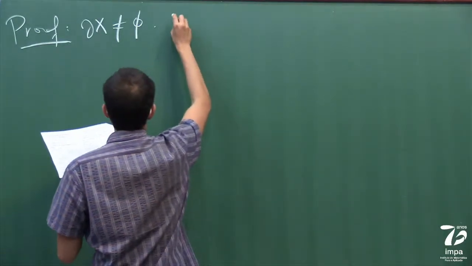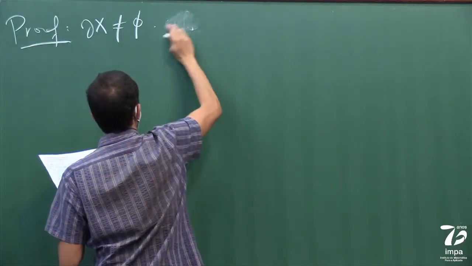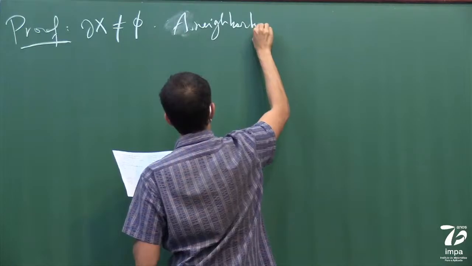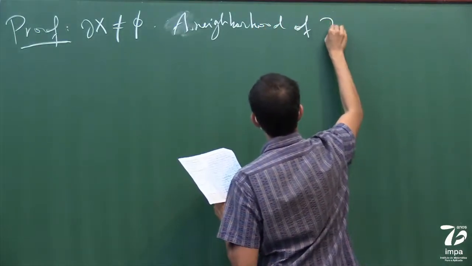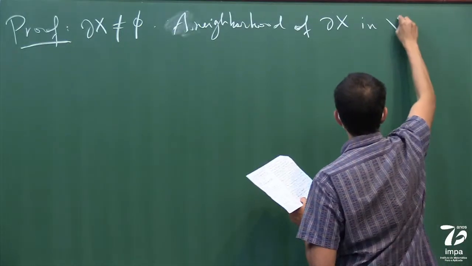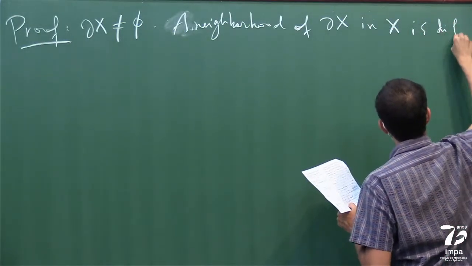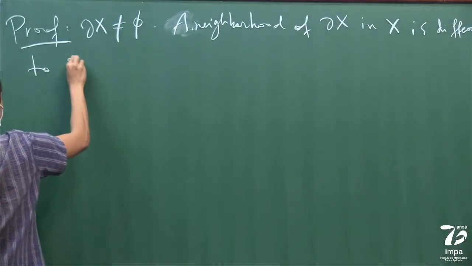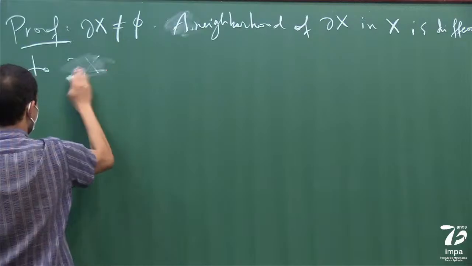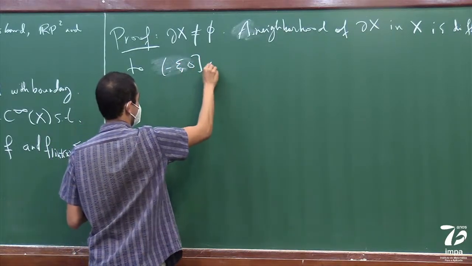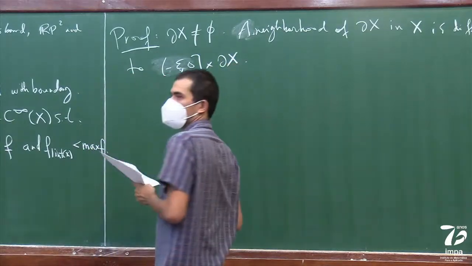So there is a neighborhood of the boundary in X diffeomorphic to the boundary of X, well, I'm going to put the factor first, minus epsilon 0 times the boundary of X.